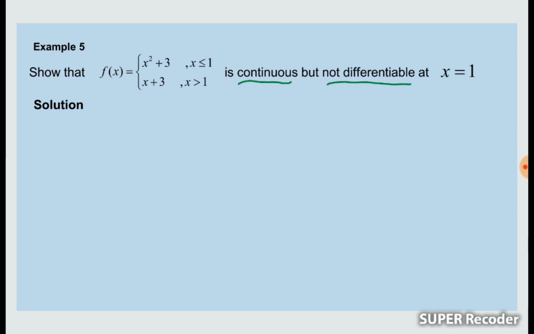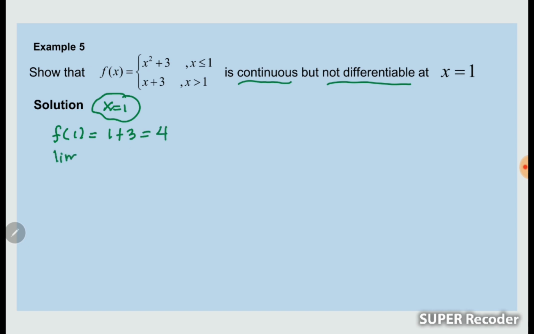So how are you going to show that f(x) is continuous? You have to consider the point x equals to 1. So find out what is f(1). When x equals to 1, f(x) equals 1 plus 3, that is 4.